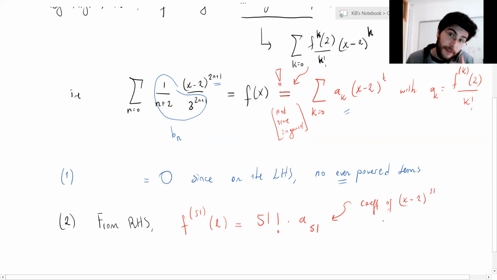Therefore, on the left-hand side, we need to look at the coefficient of (x minus 2) to the 51.